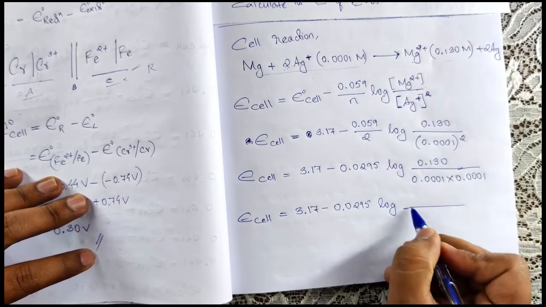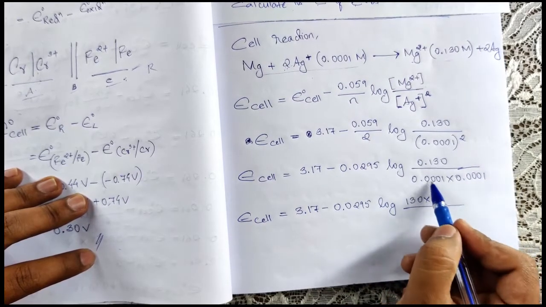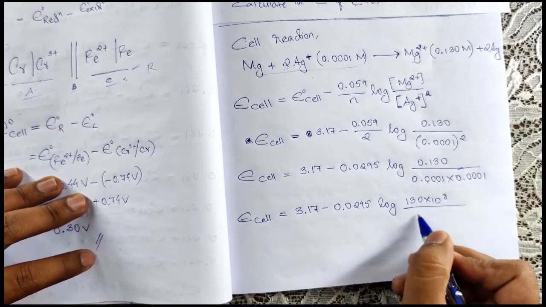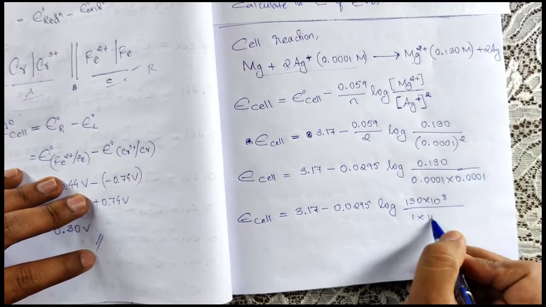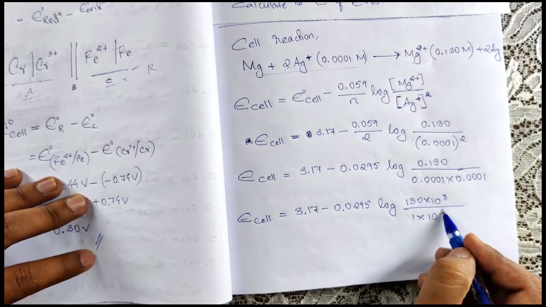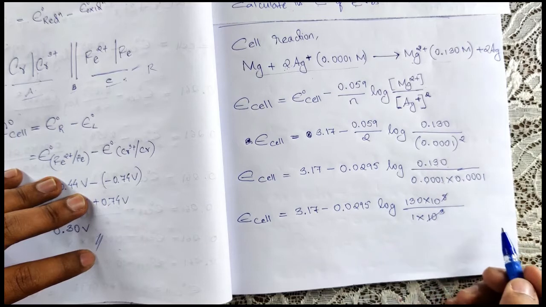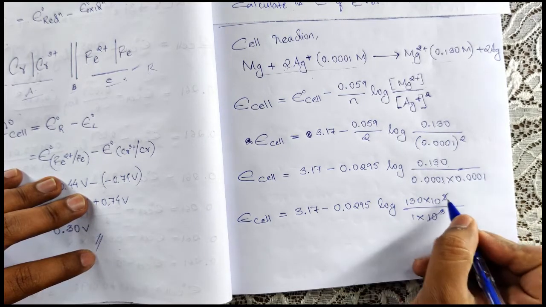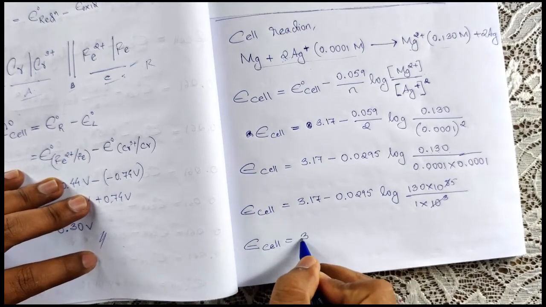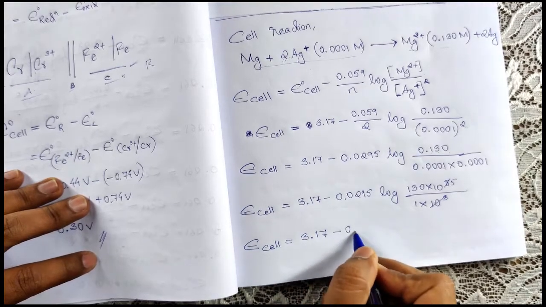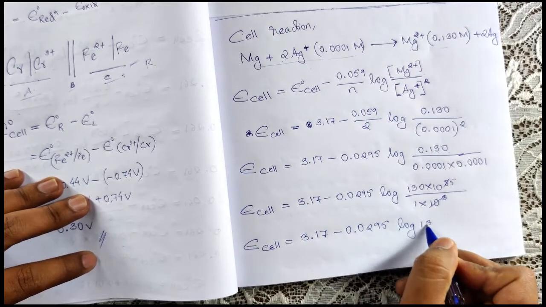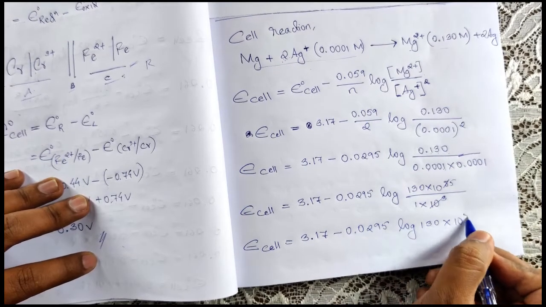If you remove the point, you have 130 over 1, 2, 3, 4, 5, 6, 7, 8, so I get 10 to the power 8, and 1 into 1 is 1, 2, 3, I get 10 to the power 3. So this one I can cancel 3. If I cancel from here, I'll have 5. It will be log 130 into 10 to the power 5.